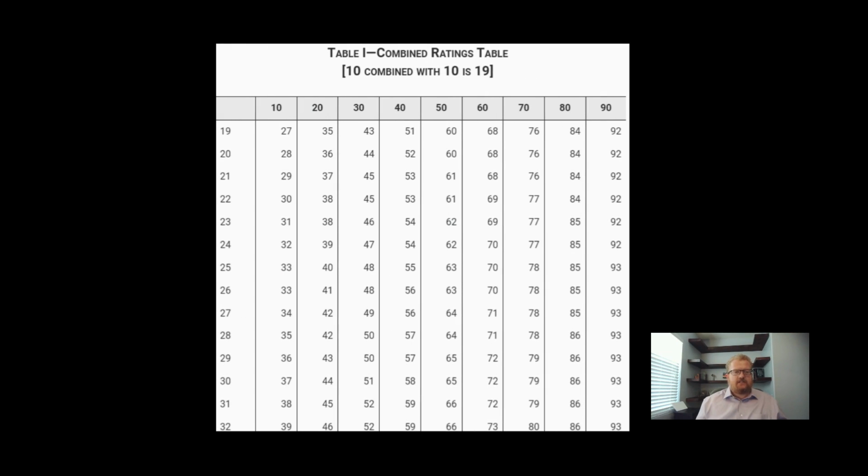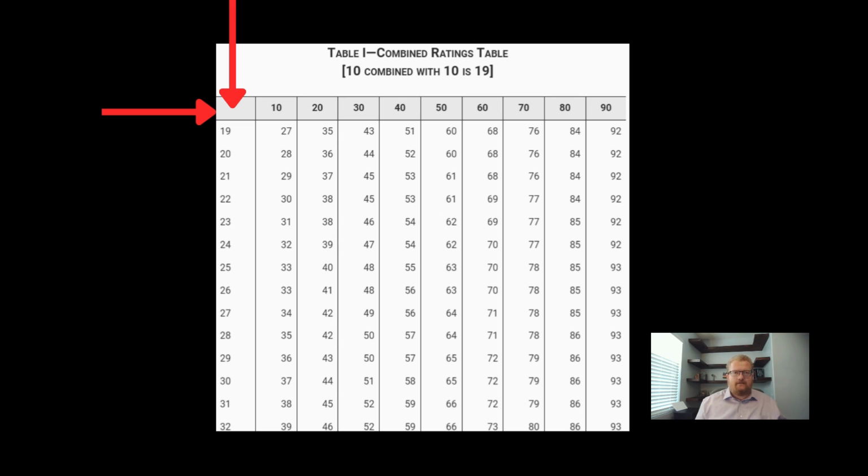The reference goes into explaining how the table works. As we look at the table, what we're going to find is columns and rows, like we would in an Excel spreadsheet or any other spreadsheet format. Across the top, we have in gray the numbers 10, 20, 30, all the way through 90.